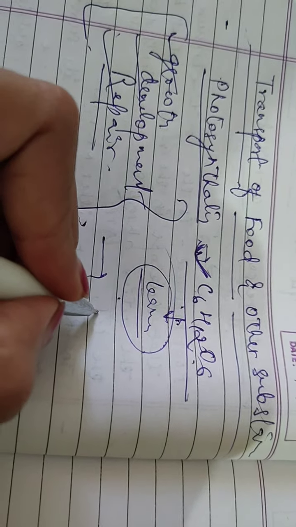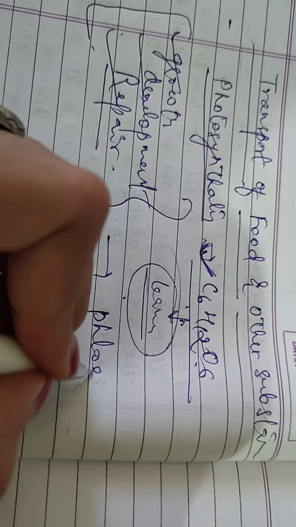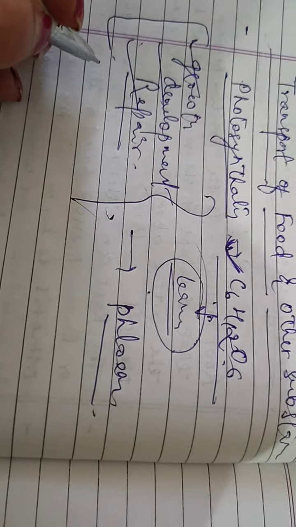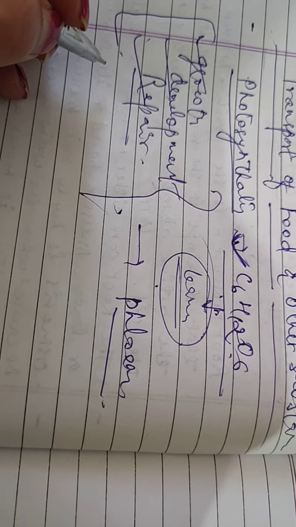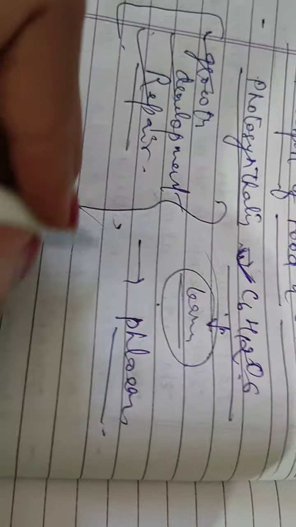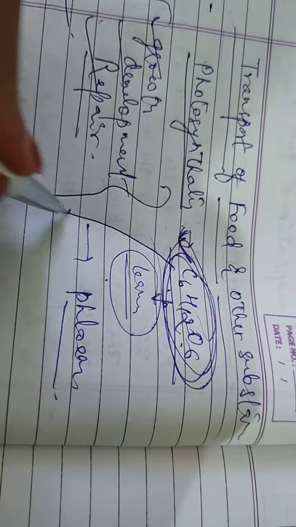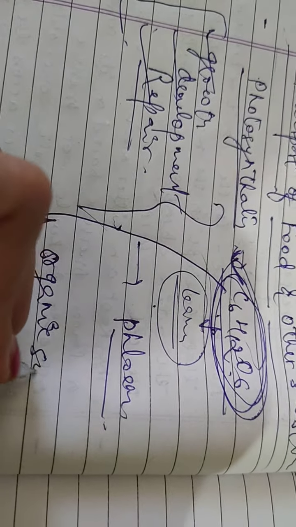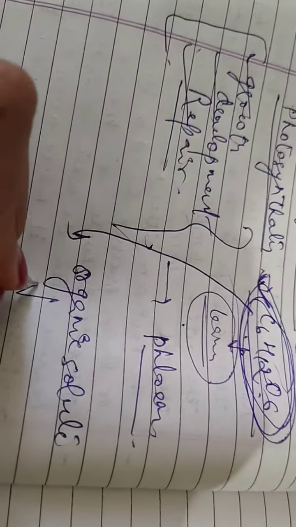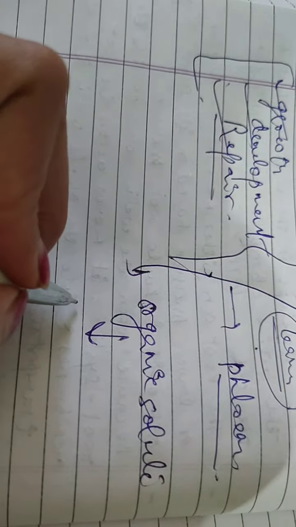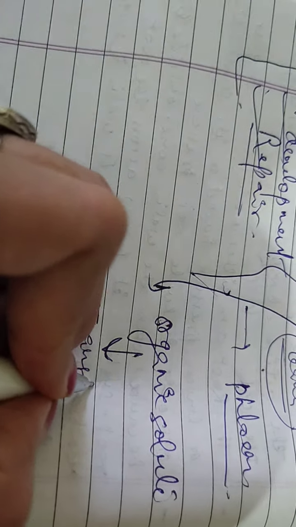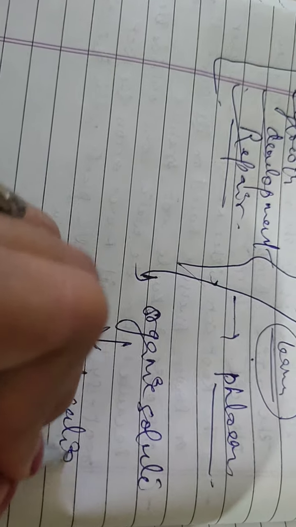How does this occur? With the help of phloem, as I discussed earlier. The transportation of organic solutes in the plant is also called translocation. This is an organic solute, and the process by which it gets transported is called translocation.